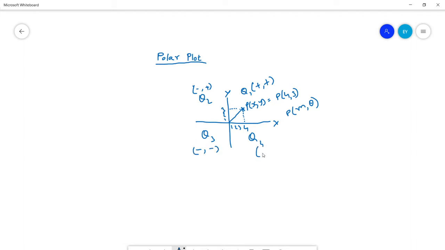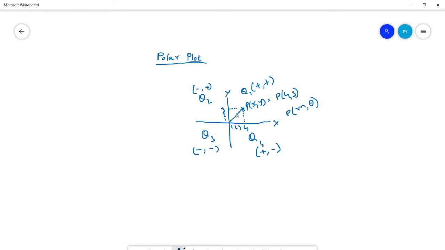In Q4, the x is positive and the y is negative. This is how we represent the Cartesian coordinates of the plot, right?